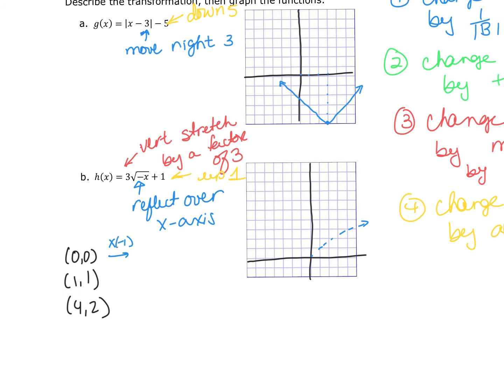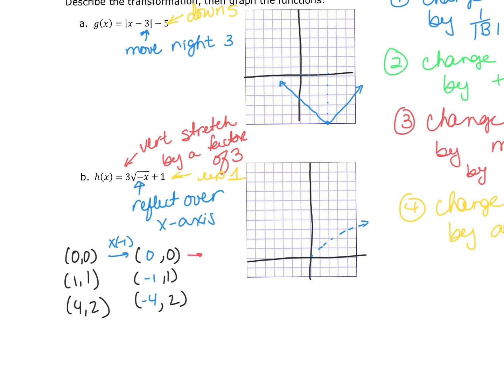And if I do a division by -1, it's the same thing as multiplying by -1. So this is still going to be 0 as the y, 1 for the y, and 2 for the y. So take my x, which is 0, multiplied by -1. -1 times 1 is -1, and then -4. So boom, done with that one.